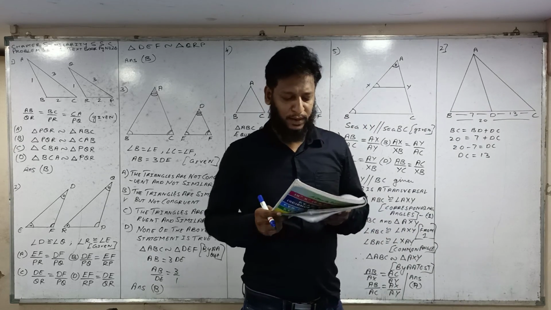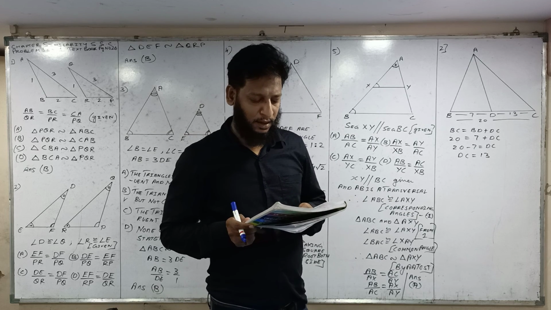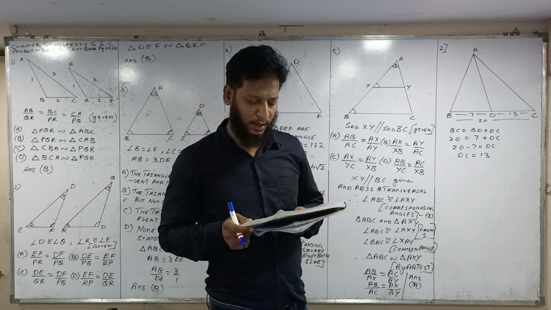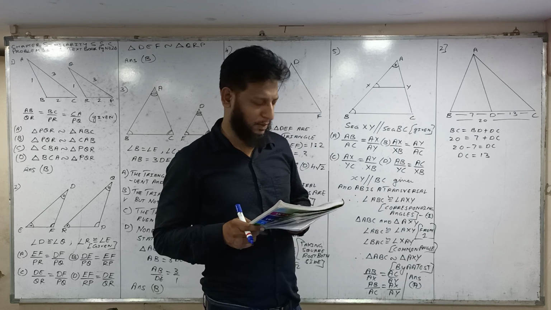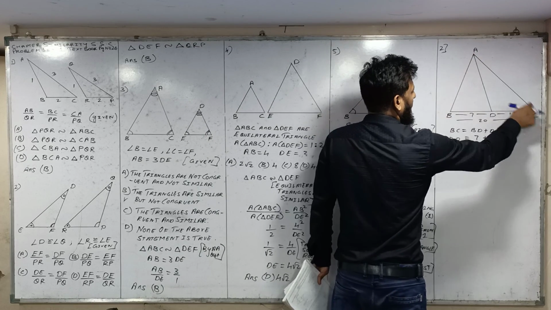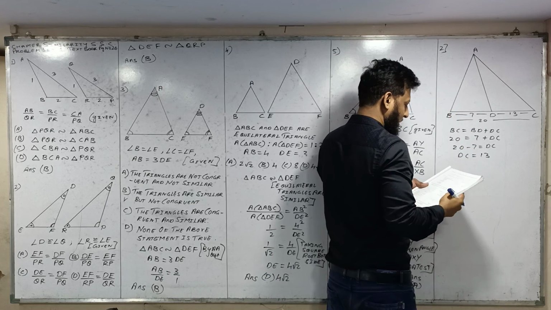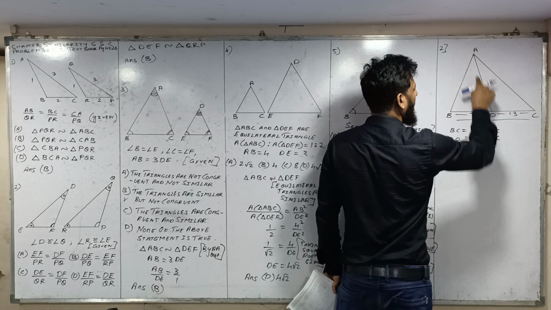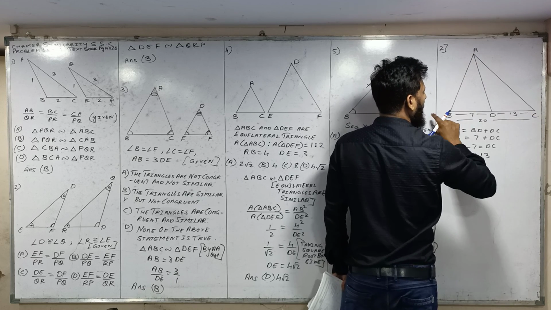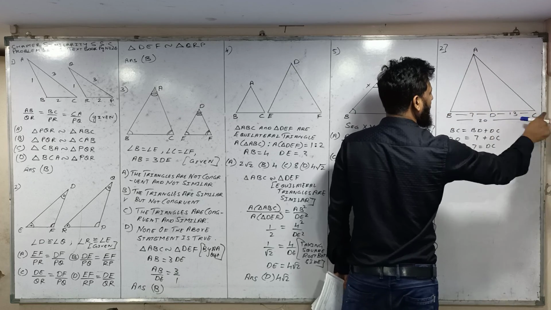In this you have to find the ratio of the areas: area of triangle ABD upon ADC, area of triangle ABD upon ABC, and area of triangle ADC upon ABC. See this, in triangle ABC, A is the vertex and the base is on BC, and ADC also has its base on BC.